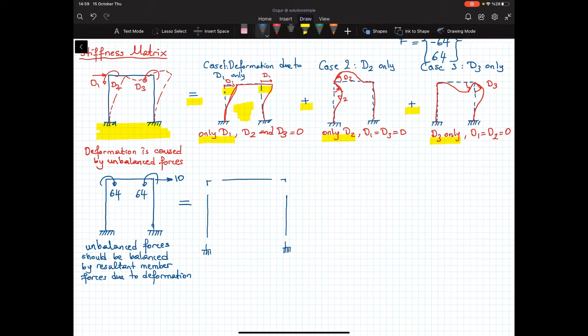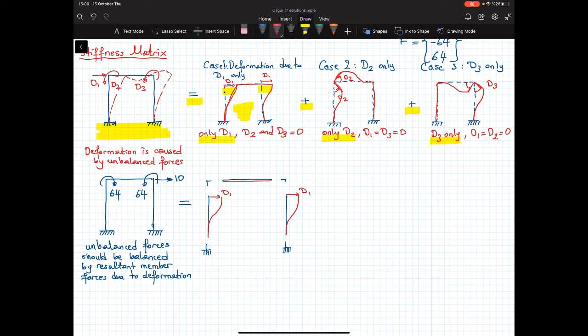Okay, so let's show the deformed shapes. So this is the deformed shape, and we know that this deformation is equal to D1, and I don't see any deformation at this member.